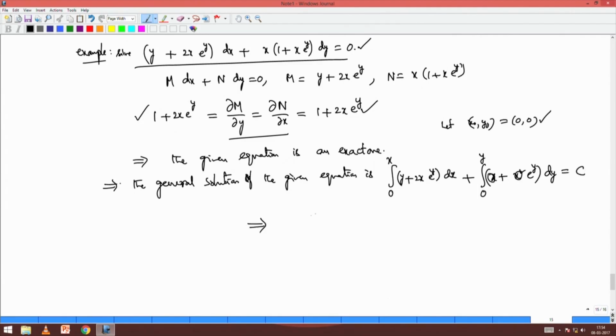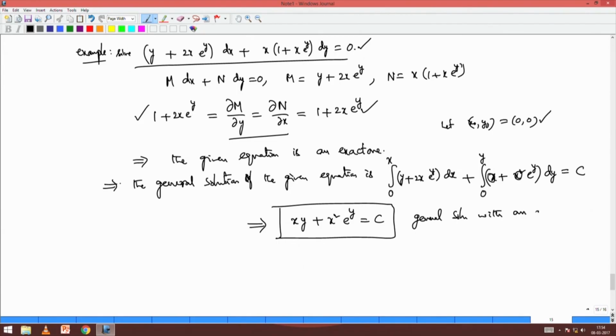So, if you integrate this now with respect to x, you get xy plus x² e^y, and this is 0, equal to constant. So, this is your general solution, with an arbitrary constant C.